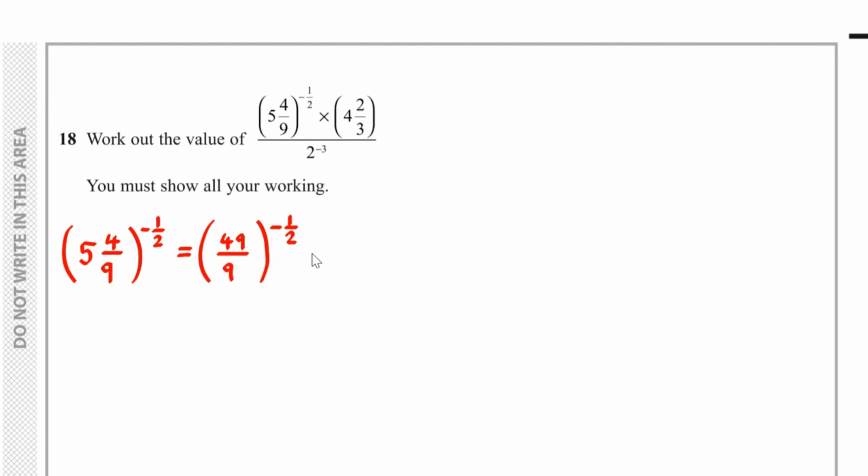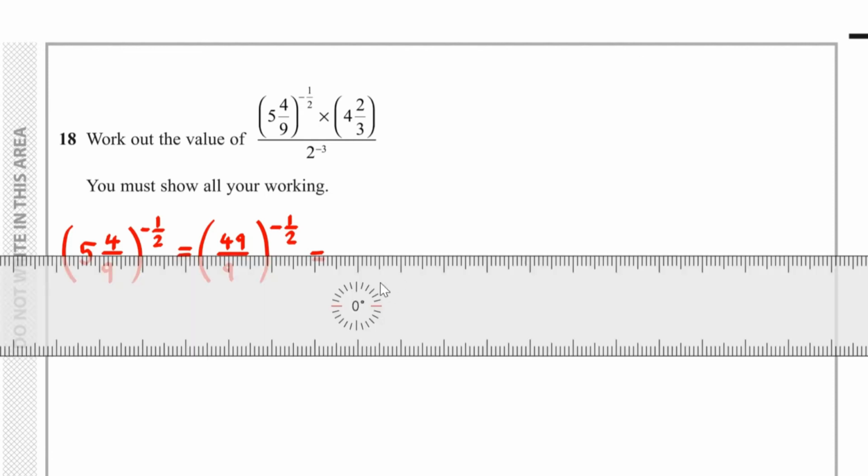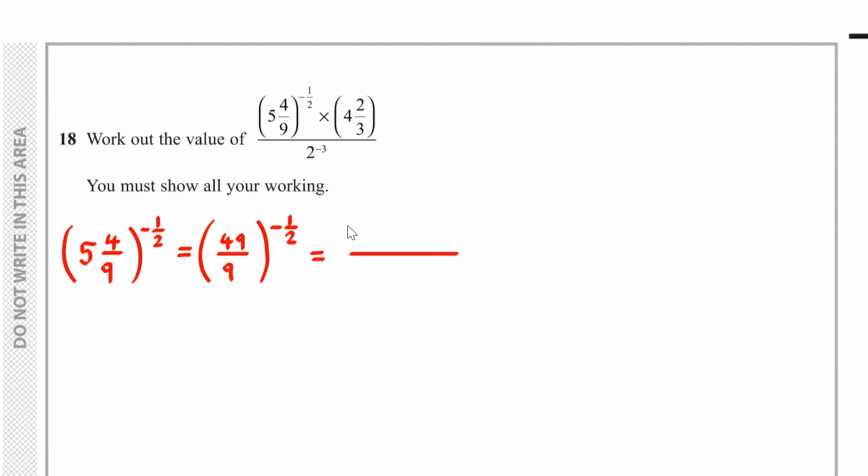And if I raise something to the negative 1/2, that's the same as reciprocating the fraction, so that's 9 over 49, and then raising this result to the 1/2. And if I work out what this is, it turns out 9 to the half is 3, 49 to the half is 7.